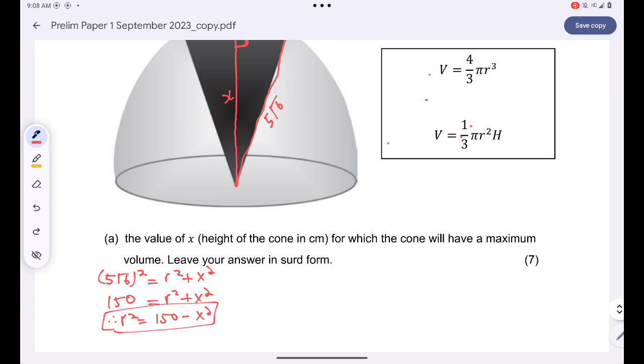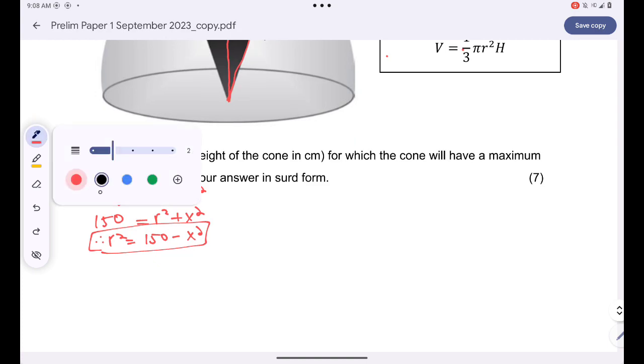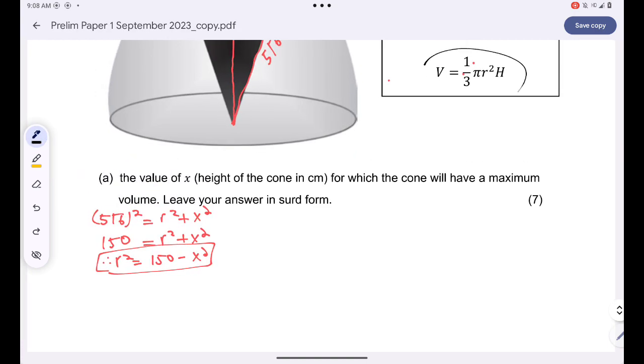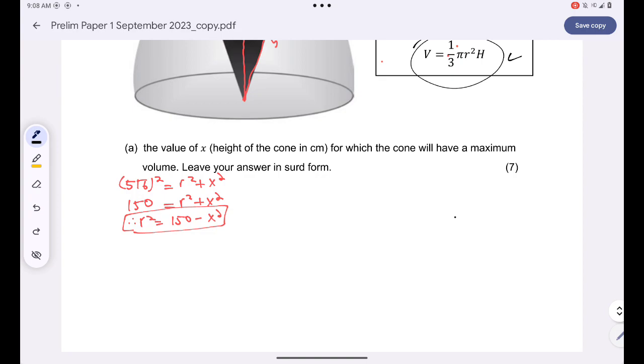We are asked to find the value of x if and only if our cone will have a maximum volume. We are given the equation of a volume there. This is the volume of a cone, and that's the volume of a sphere. For the volume of a cone, I know it's 1 over 3 pi r squared multiplied by h.